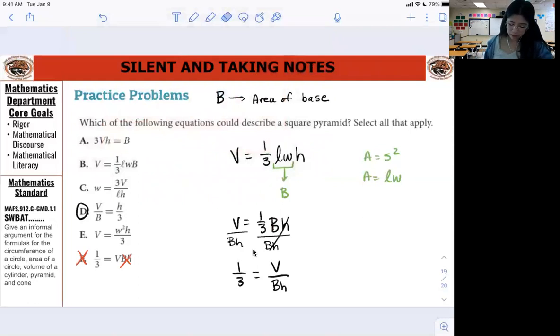What about A? Because I noticed that A also has capital B in it. Does A work out? They isolated B. So on your own, isolate B and see if you get the same thing.